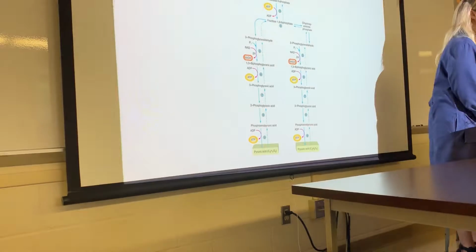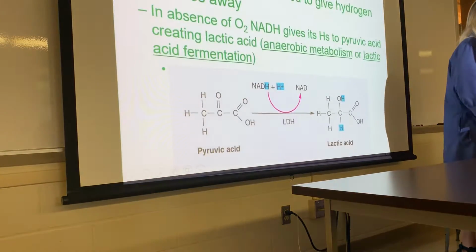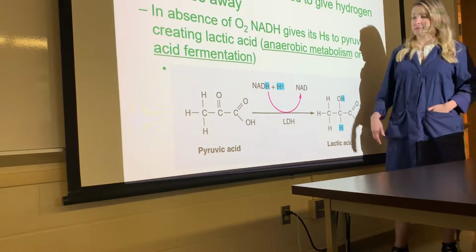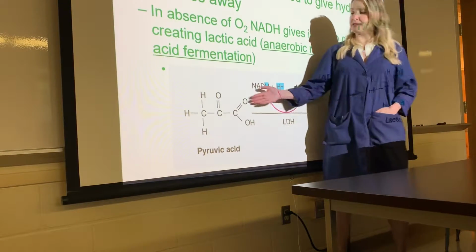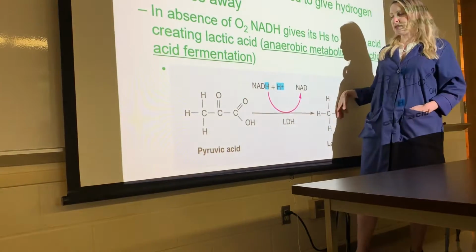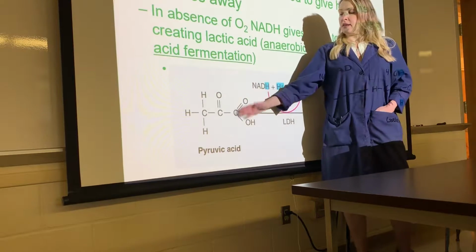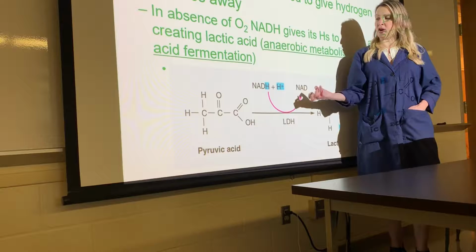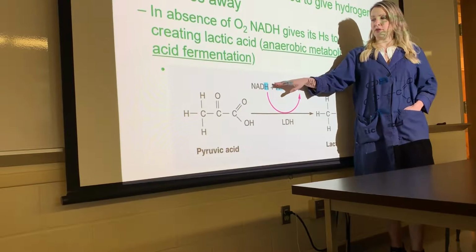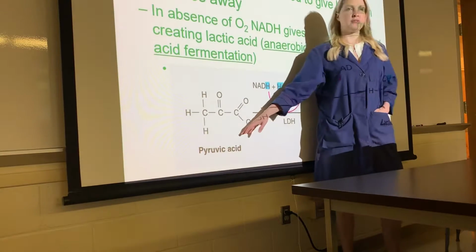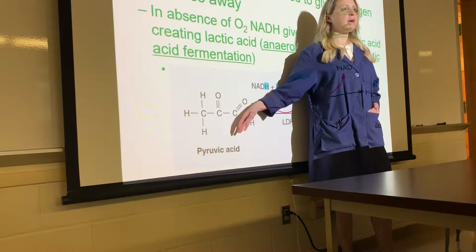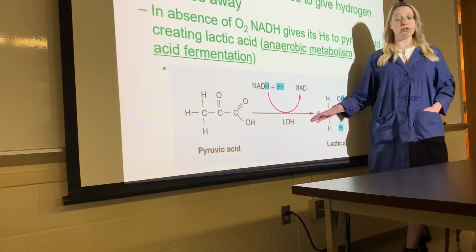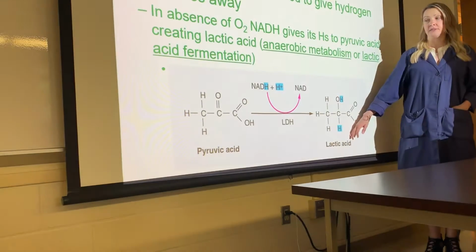So here's what happens. We go through lactic acid fermentation in humans. We have 2 pyruvic acid molecules, so this reaction happens twice. The pyruvic acid molecule is going to take on the hydrogens from the NADH plus H. So that means that when the pyruvic acid gains the hydrogens and the electrons, it's reduced to lactic acid.